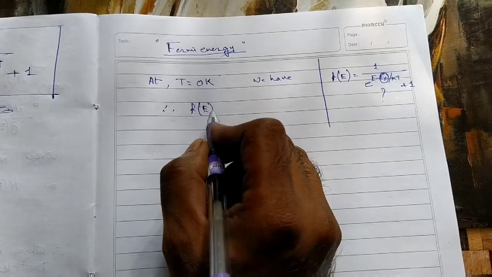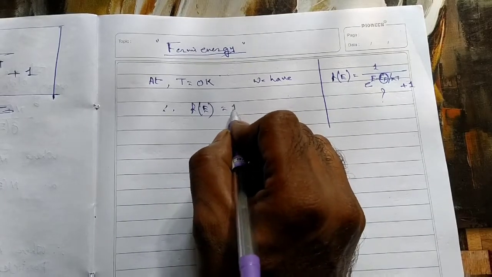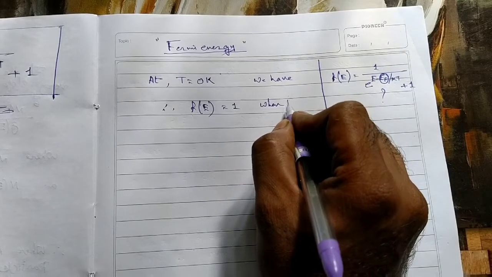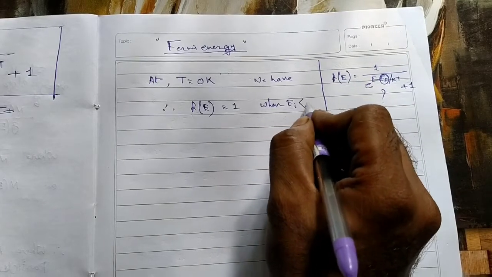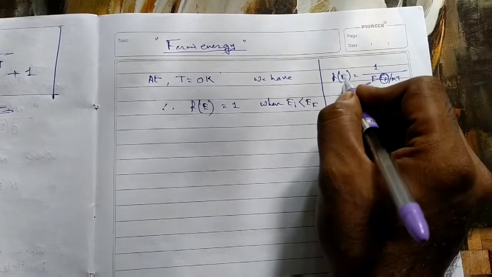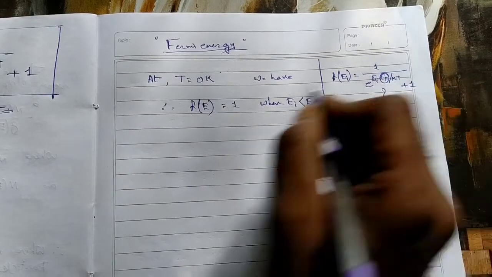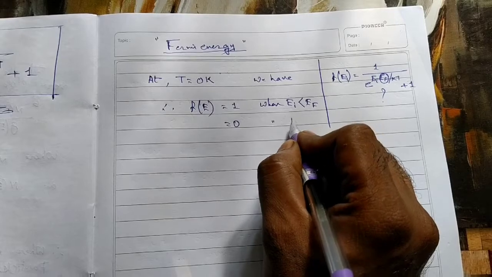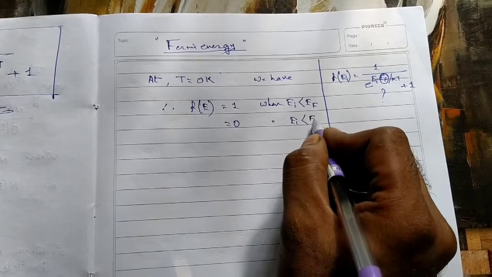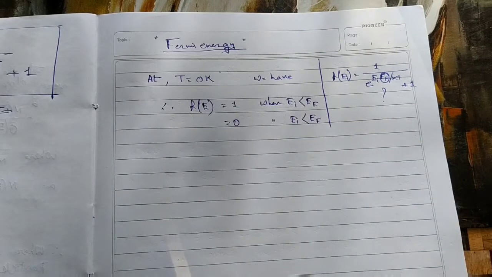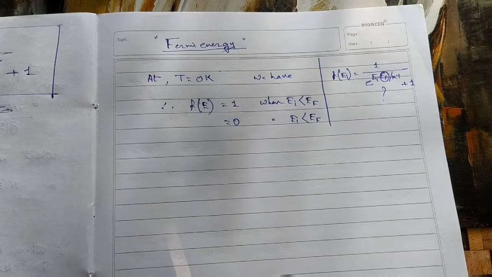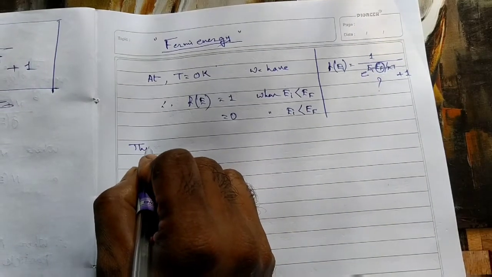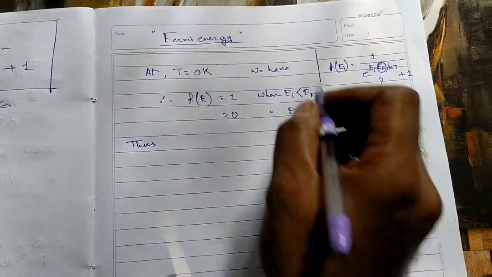The distribution function becomes 1 when E is less than Ef, and it becomes 0 when E is greater than Ef. Clear? So we try to prove this.